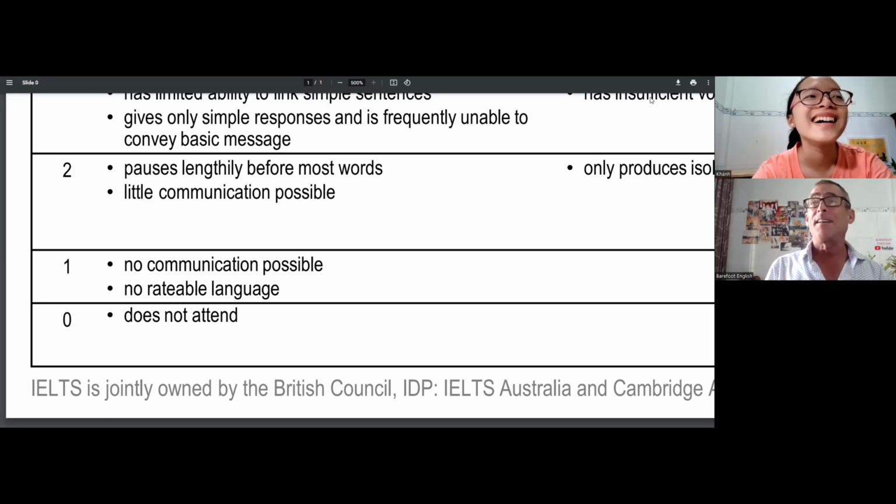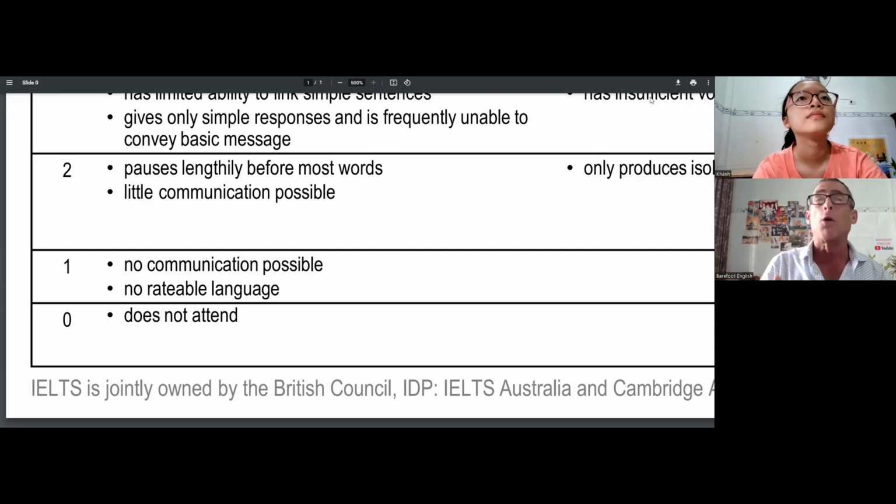Attend means they don't come, they don't show up. Attendance is actually appearing for the exam. So if you sign up for the exam and don't attend, they give you a zero. So that's not you. You're going to attend.